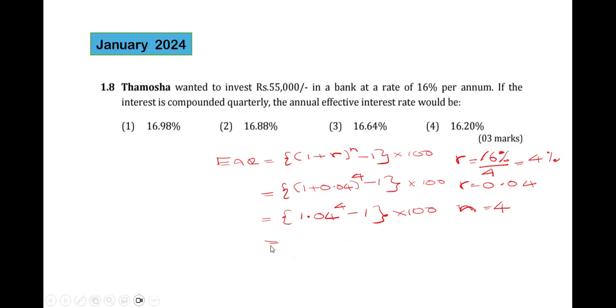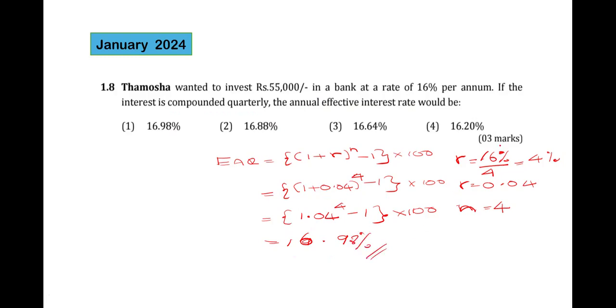Use the parenthesis, not the curly bracket; you can use a normal simple bracket. Open bracket, 1.04 to the power 4, subtract 1, close the bracket, multiply by 100, equals 16.995. Here it is 16.98. You can take this one.